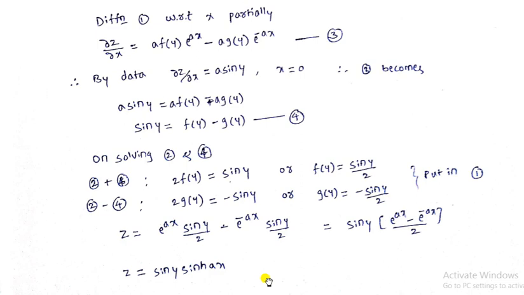So these are the examples on the solution of homogeneous partial differential equations involving derivatives with respect to a single independent variable.